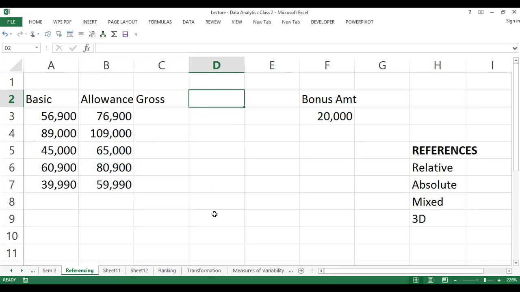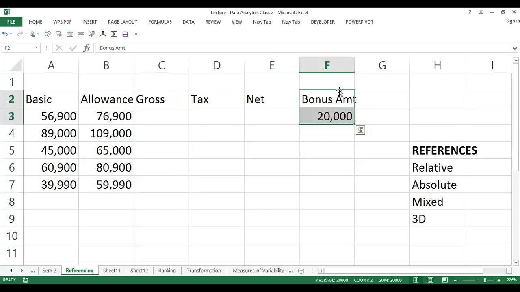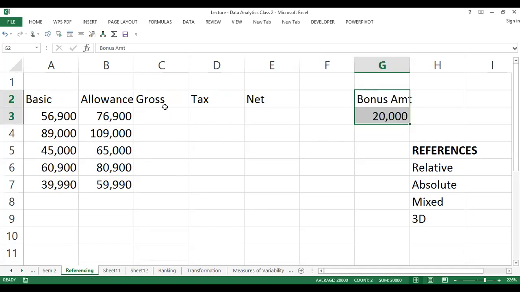We have tax. And then we have net. Okay. Let's just leave these figures here to make it faster.